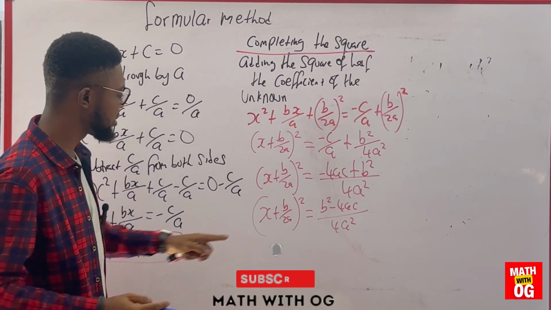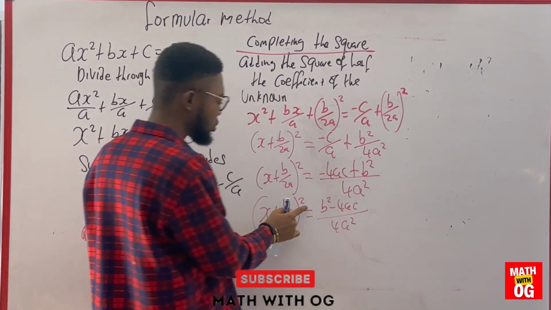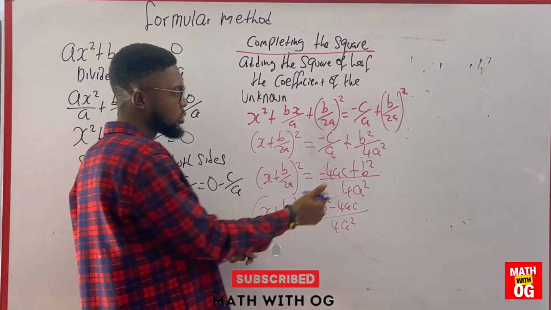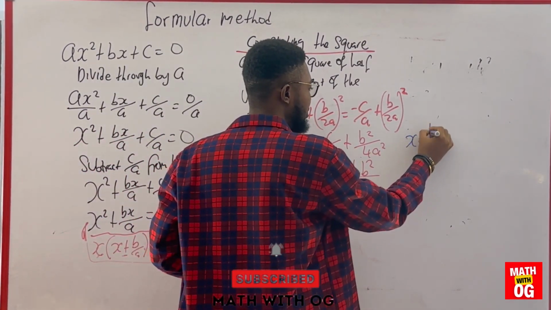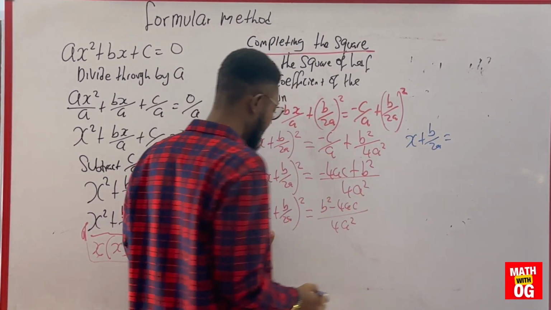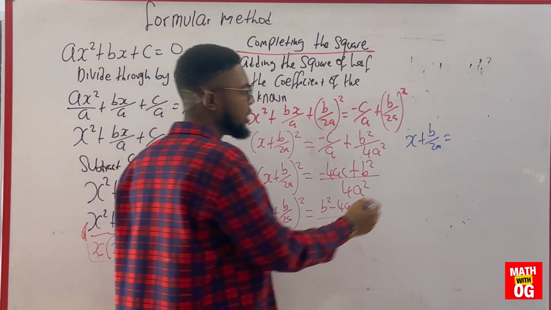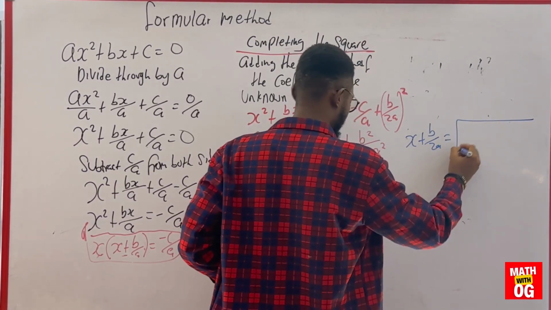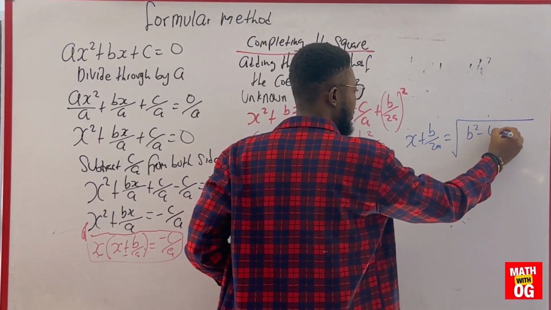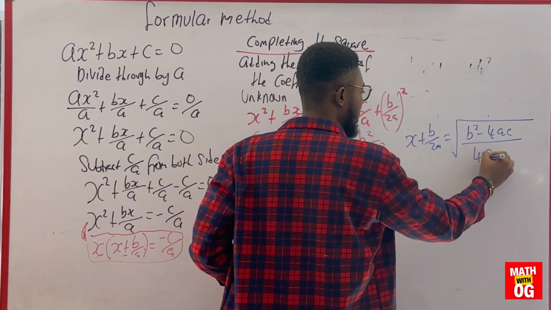So let's take the square root of both sides. If I do that, the square root sign will cancel this square, so I'll be left with x plus b over 2a is equal to the square root of b squared minus 4ac all over 4a squared.